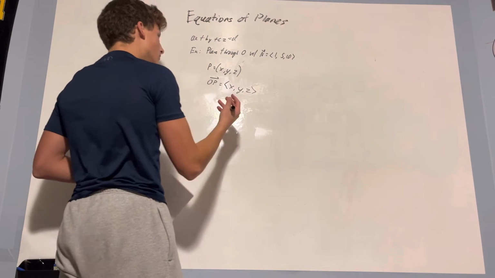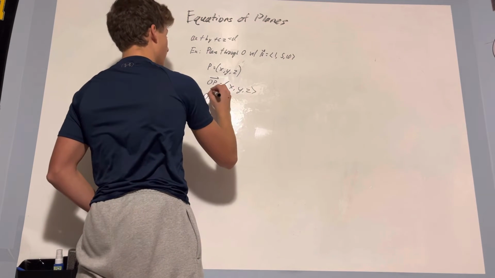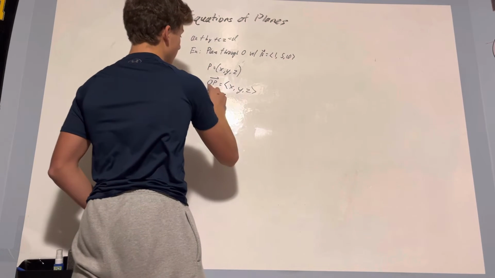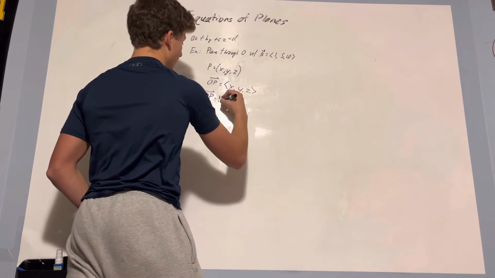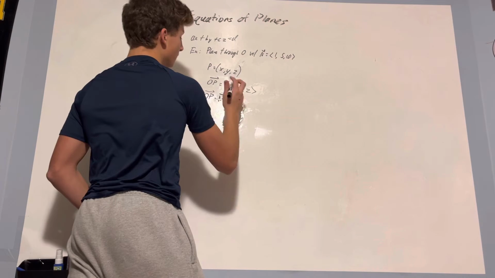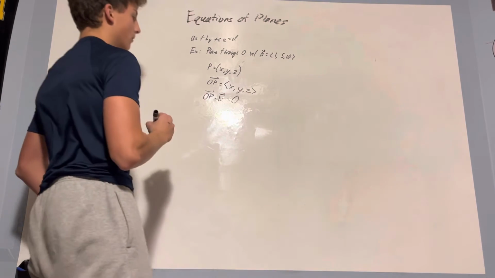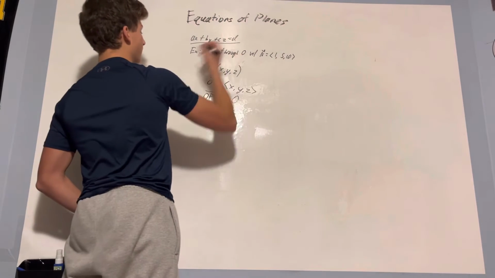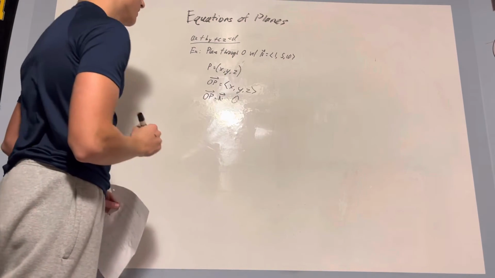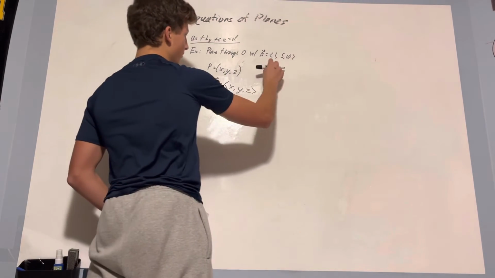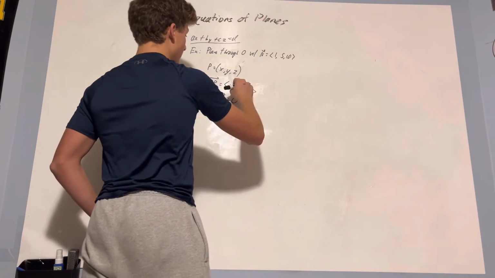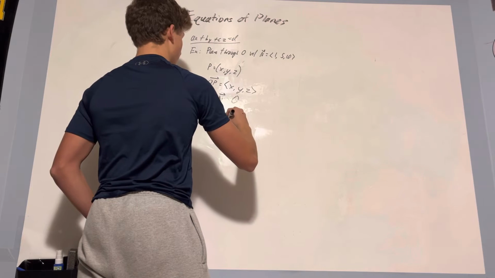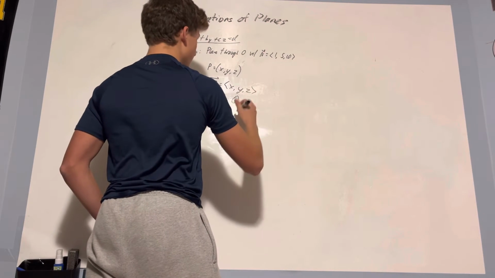Well, what we know is that if this is truly the normal vector, then the dot product of this vector OP with that normal vector is going to be equal to 0. Now you might be able to see where I'm going with this, how we're going to get an equation in that form. If we take the dot product of x, y, z, and 1, 5, 10, we're going to get 1 times x, so x, plus 5 times y, 5y, plus 10 times z.